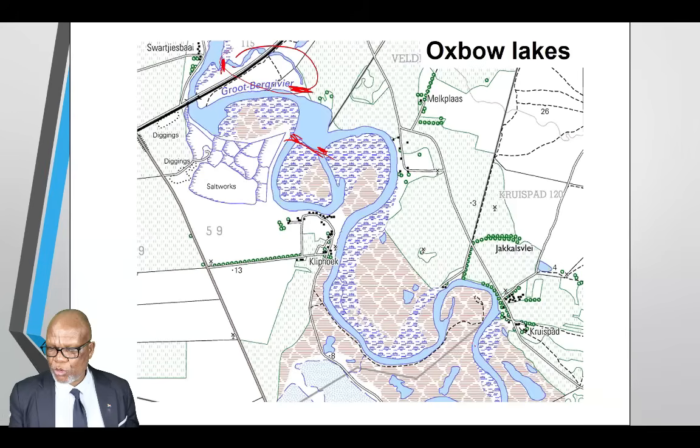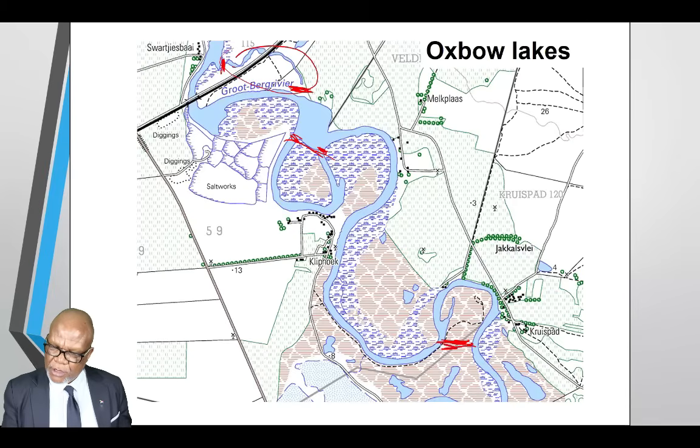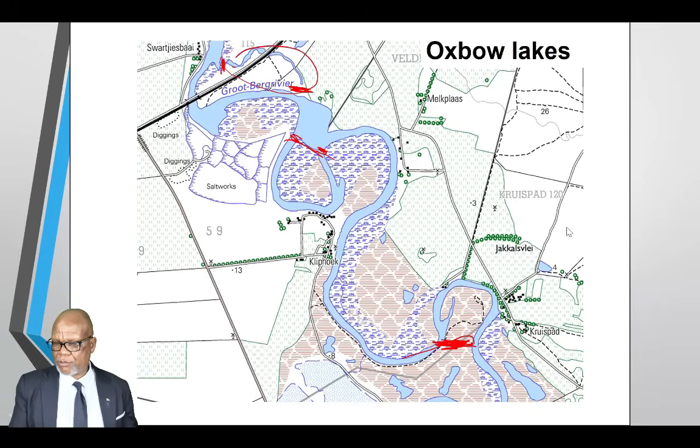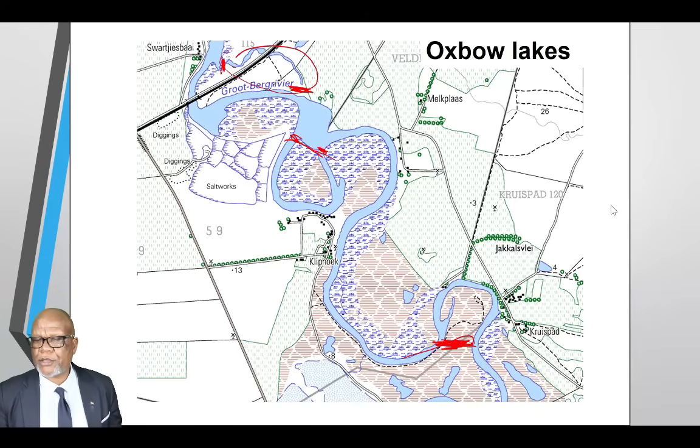And this process will also take place here again, as this river will now cut through here. It will cut through as it goes in that direction, and that part will run on its own and become another Oxbow Lake.